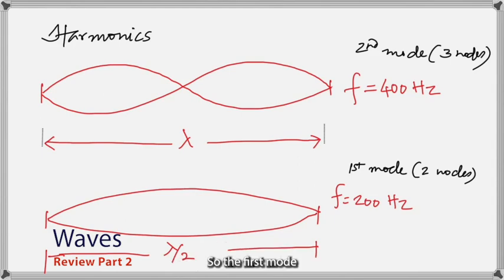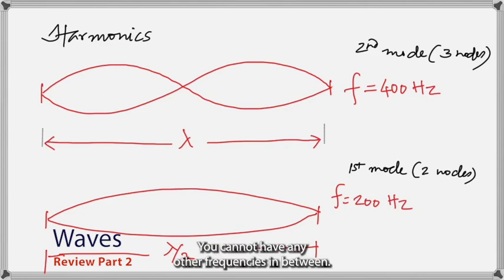So the first mode is also called the fundamental frequency. So if the fundamental frequency is 200, then the harmonics are just going to be multiples of those. So 2 times 200, 3 times 200, 4 times 200, and so on.